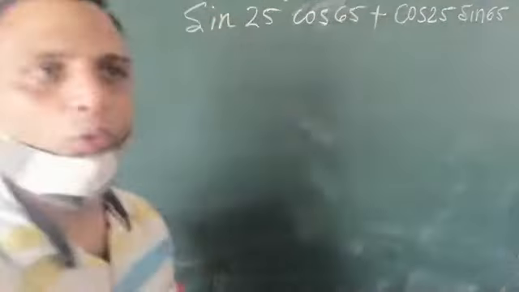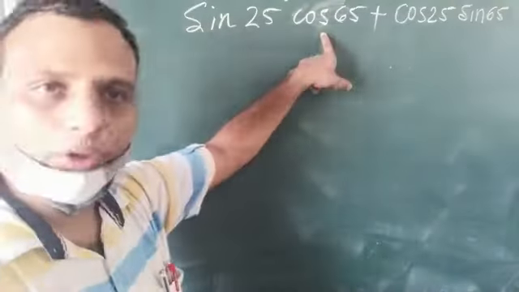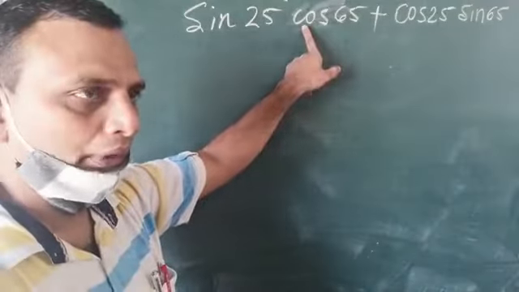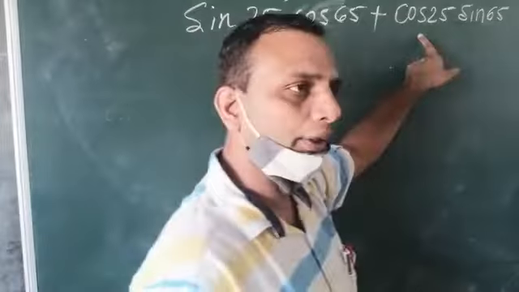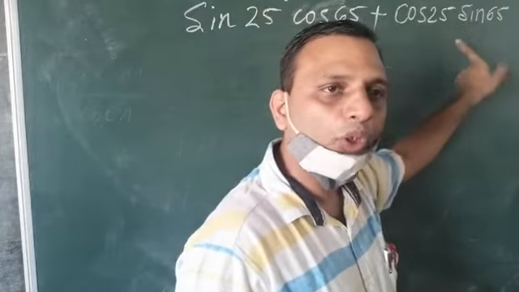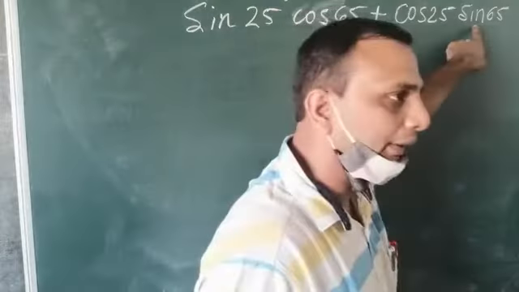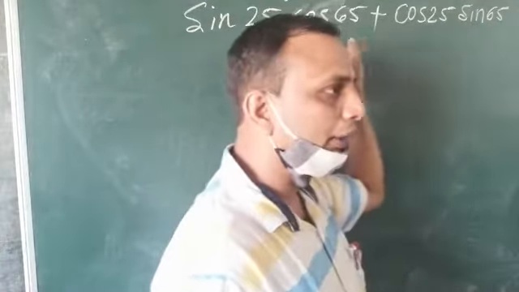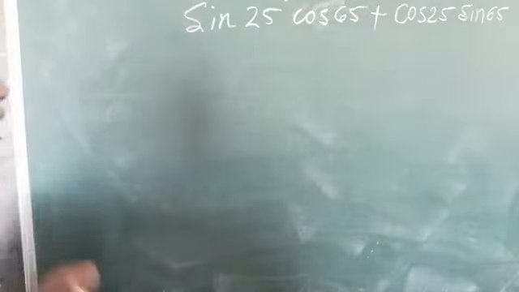Now you can see here what we are going to do. Here sin cos is there. If here also sin should come, then it will be sin square. Yes or no? And here cos is there. If here cos comes, then cos square plus sin square will be 1. Sin square plus cos square equal to what? 1. So what to change here now?